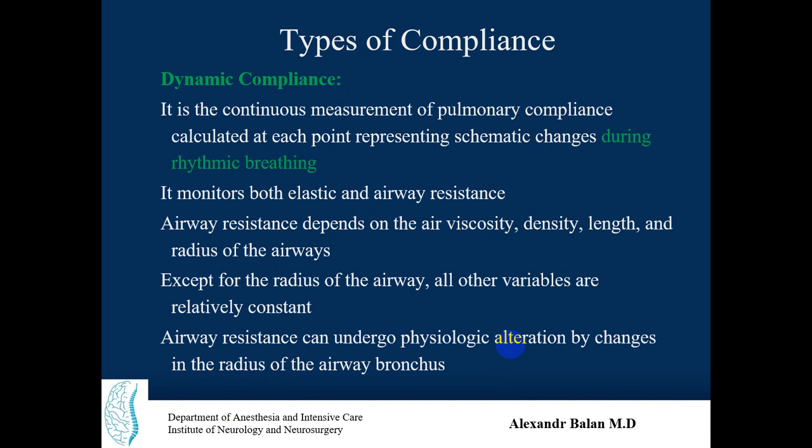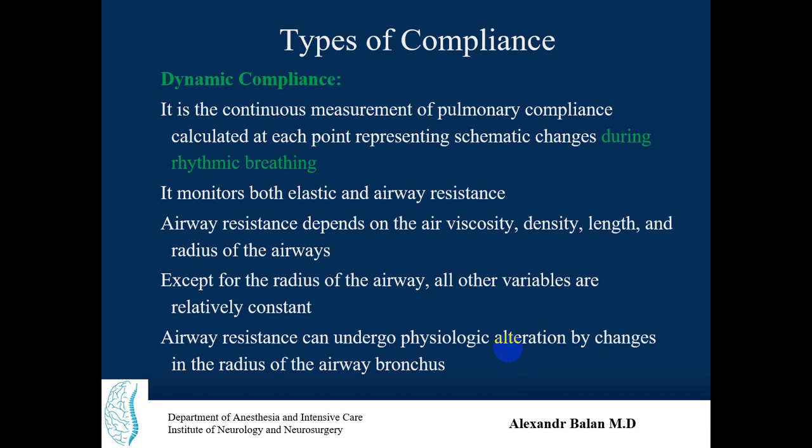Dynamic compliance is another type, and it is a continuous measurement of pulmonary compliance, even during rhythmic breathing or normal respiration of the patient, and at each point it can change, of course, depending on the pressure and volumes corresponding to that moment. It monitors both elastic and airway resistance.